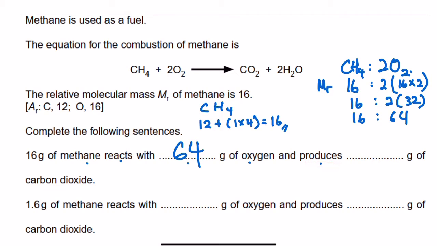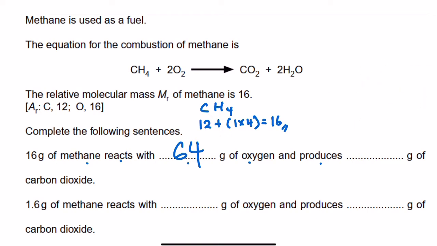Okay, so let's see what is given. Given is the 16 gram of methane. So we use this 16 gram of methane and ratio it with your carbon dioxide. So I'll just erase the ratio here from the previous working.